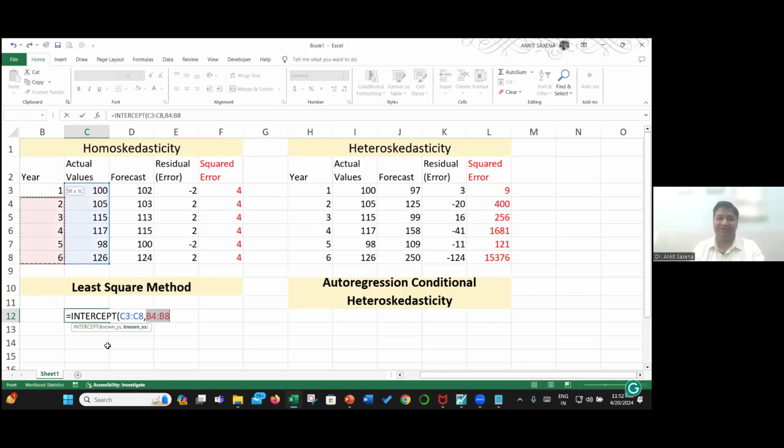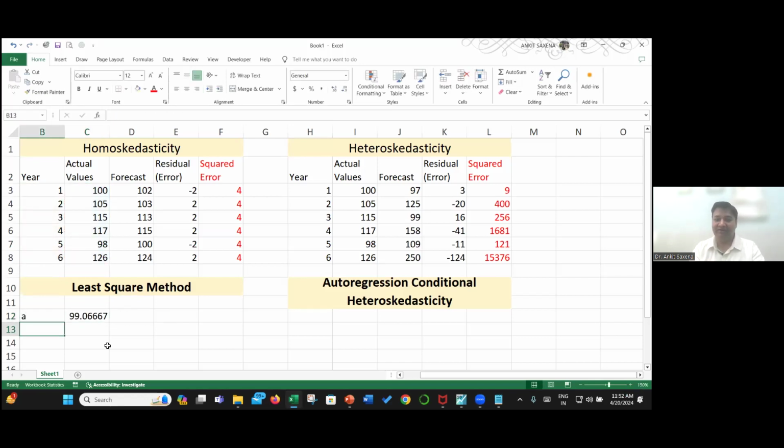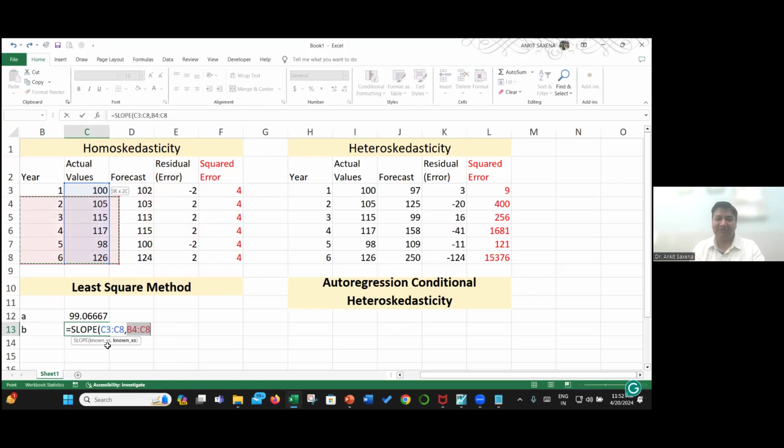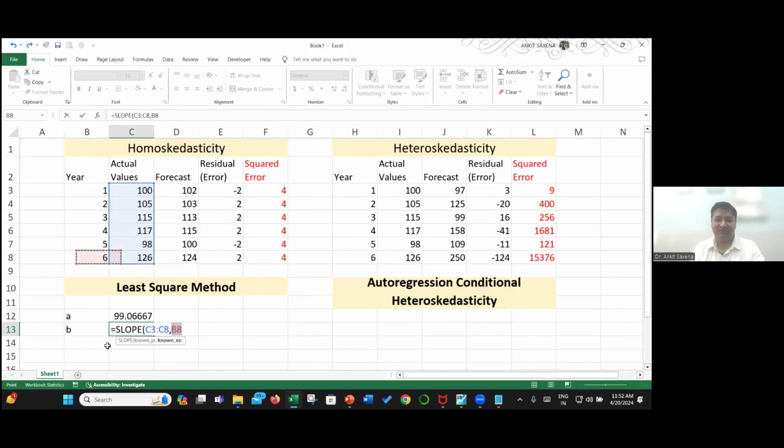I normally play this game just to make them understand how robust this mechanism is. This is the value of a in my data, and if I calculate b here, I get the slope. I can use a data analysis package, but I'm just showing the simple thing. These are the known y's and the known x's, and you just enter them here.